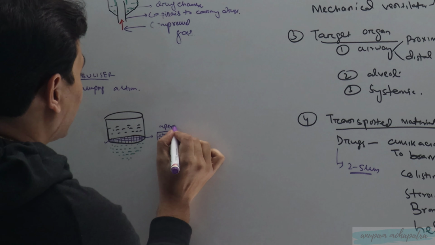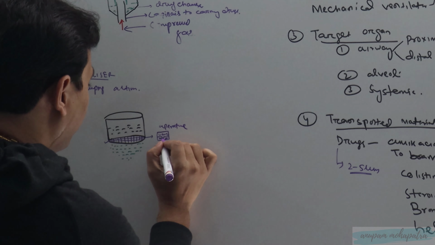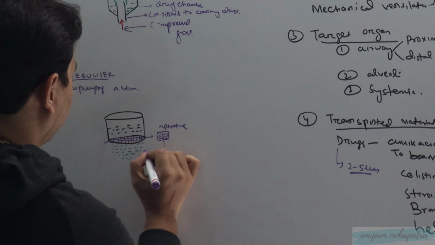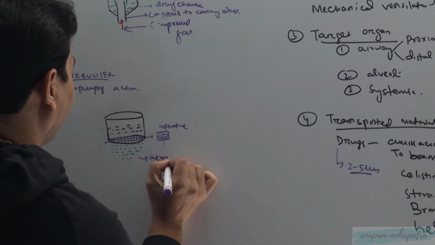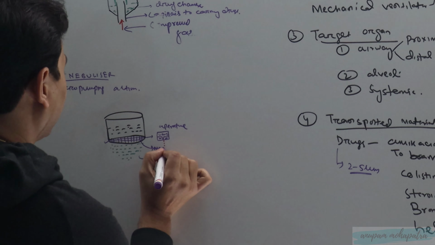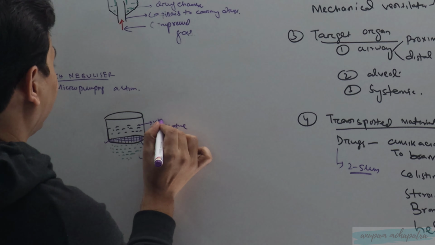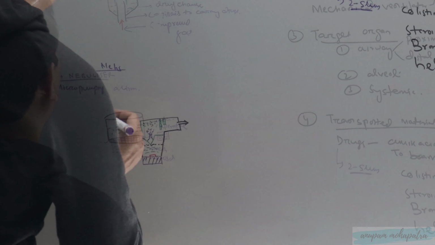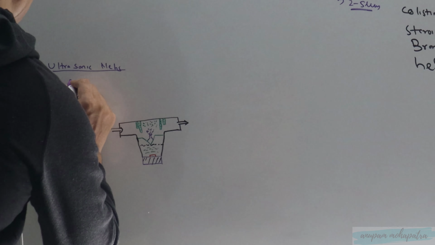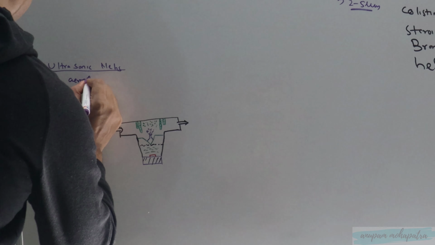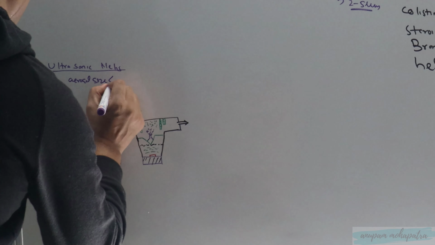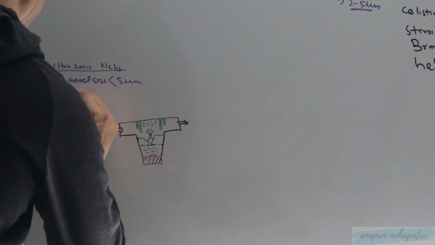This is the aperture. A liquid comes through the micropump and there is aerosol generation. This is the aerosol. This is the mesh. This is water. Right? Can produce aerosol size of less than 5 micrometer.